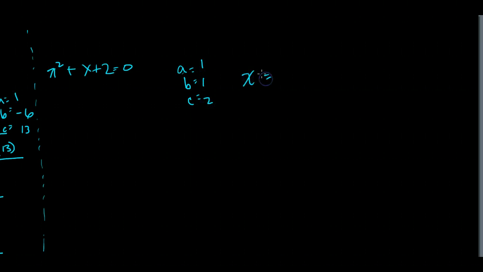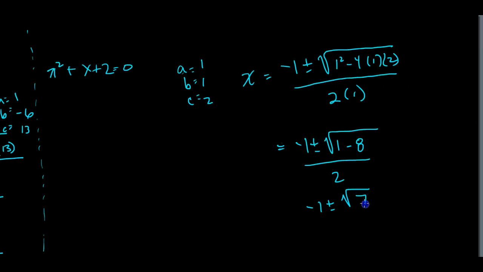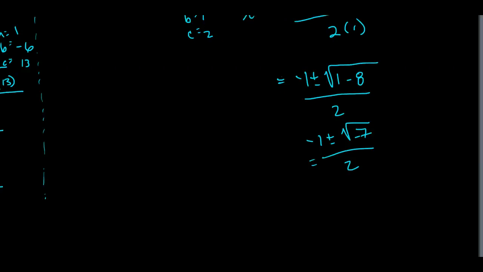So x will be the opposite of B, plus or minus the square root of B squared, minus 4 times A times C, all of it over twice of A. And in this case, we've got negative 1 plus or minus the square root of 1 squared is 1, minus 8, all over 2 times 1 is 2.